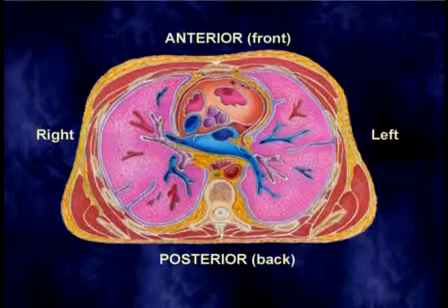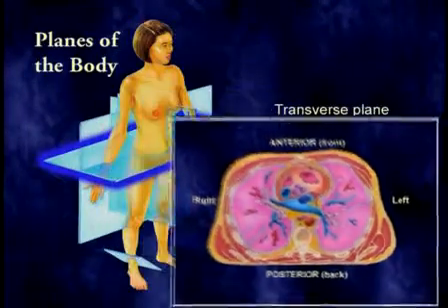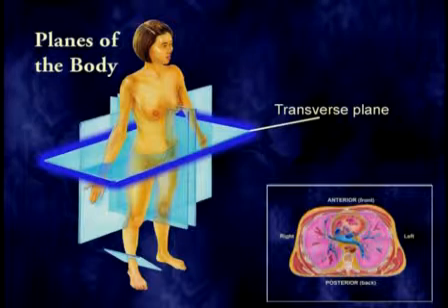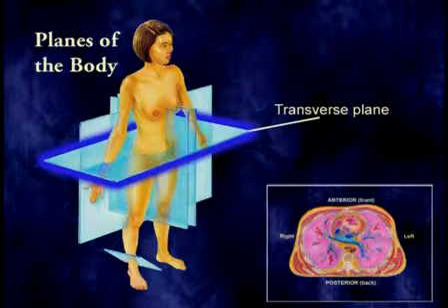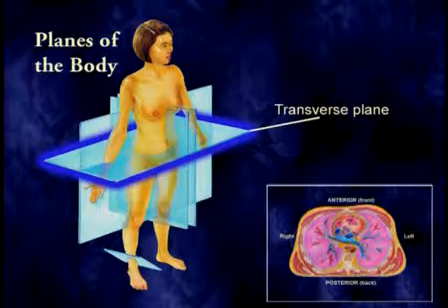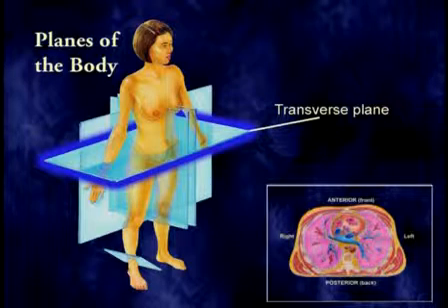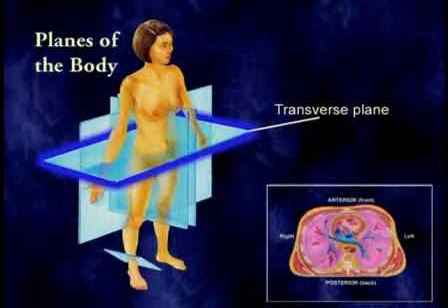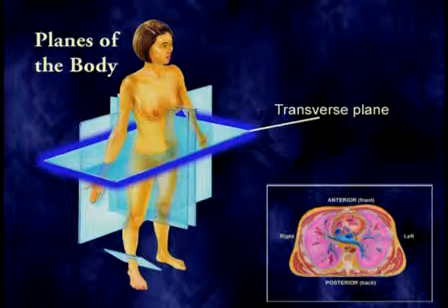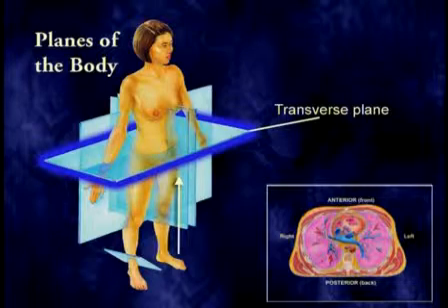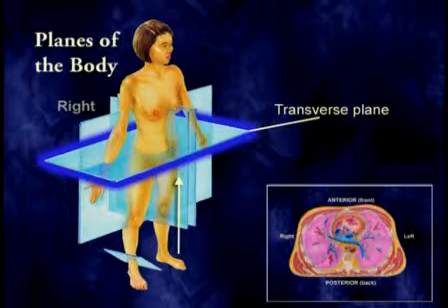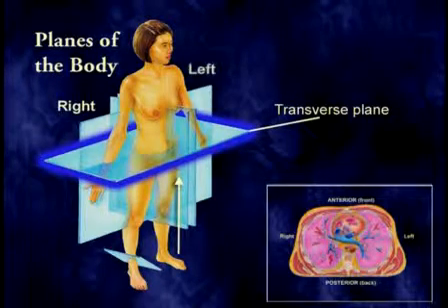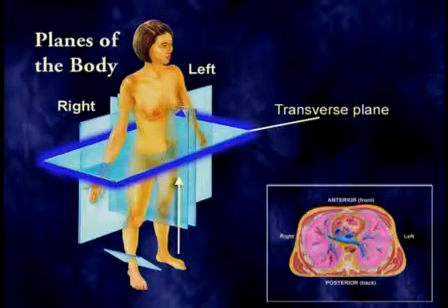If you remember, when we looked at the sections, here's this transverse section again, also called a horizontal section, cutting through the patient. It is our convention to look at this on a slide or an X-ray or an MRI as if we're looking up at the section, so that the patient's right still comes out on the right, the patient's left is on the left.